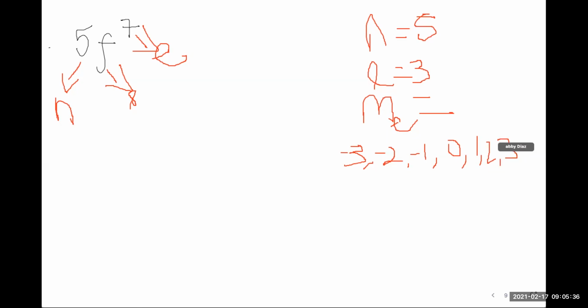And then we have to go with our electrons. So we're going to do 1, 2, 3, 4, and 5, 6.